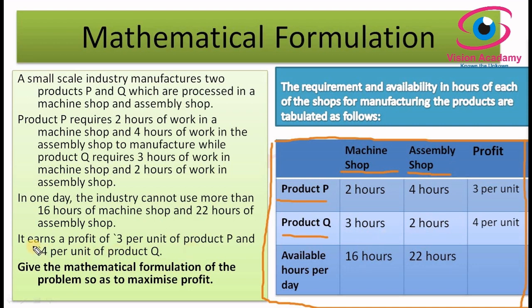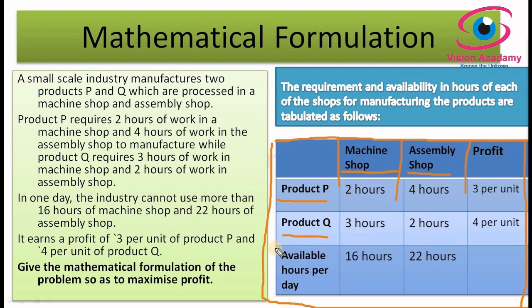One more thing is there, it earns a profit, so I have put another column called profit. Product P, product Q, machine shop, assembly shop, profit are all given in this problem; I have only tabulated it for easy comprehension.